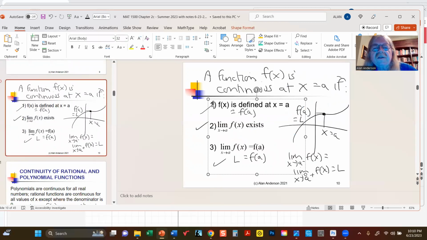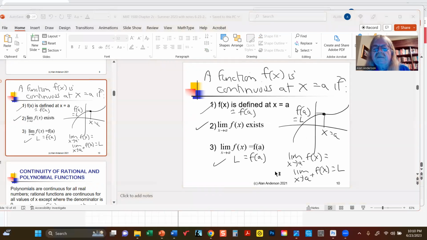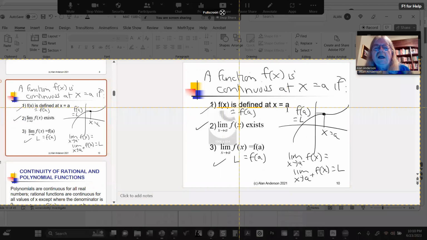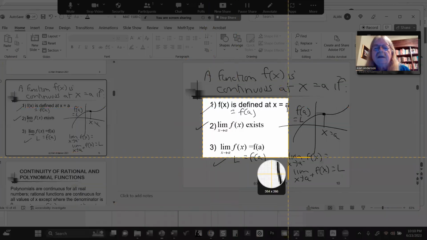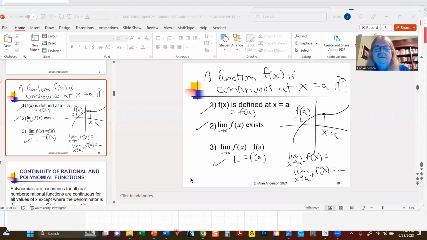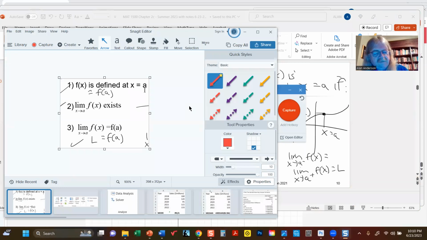These are the 3 requirements for continuity. Oh, I know what I need to do. I have this wonderful software product, Snagit. If I had a Mac, it has its own built-in function, but this does a good job. I can copy whatever I need.